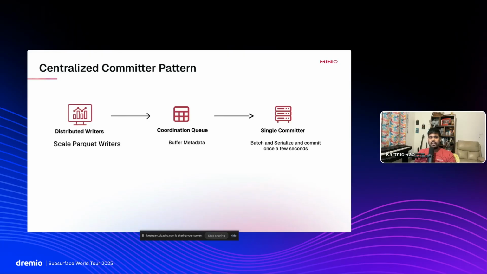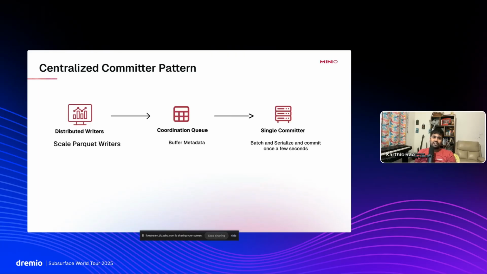Which means that if you spin up 10 concurrent Iceberg writers, each one of them potentially could be writing its own Parquet files, and they could also be committing the data at the same time. So the first important idea, or architecture, that needs to be considered to concurrently scale your Iceberg writes is to separate the data committer from the Parquet writer. This is very, very important.